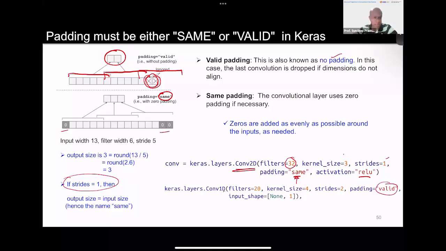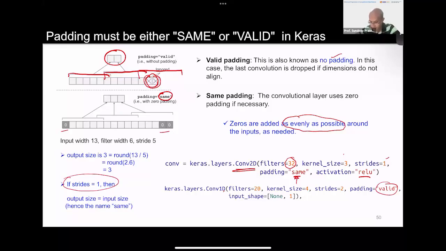Valid means no padding at all, that's clear. Same padding, it is kind of automatically deciding how many zeros to add, how to add. So the logic is that it is going to add as evenly as possible, but in this illustration, it need not be symmetric as we see.